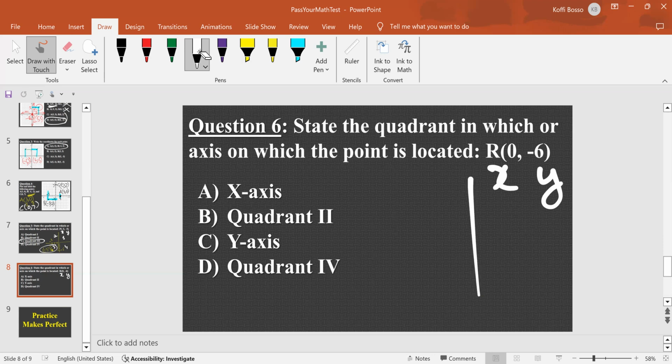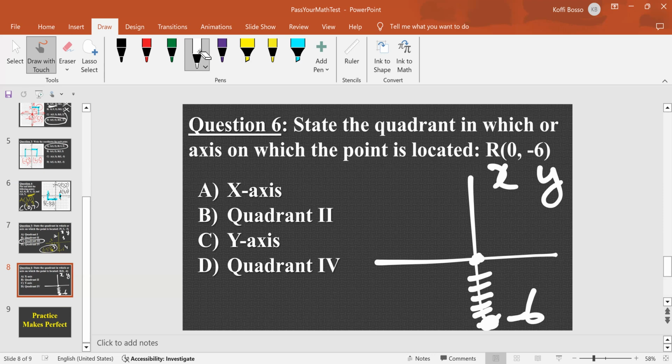If I want to plot it, I have 0, which is the origin for x, and -6 means you go down 6 units: 1, 2, 3, 4, 5, 6. So somewhere here. That means my point is there. Because I'm on the y-axis, the correct choice here is y-axis.